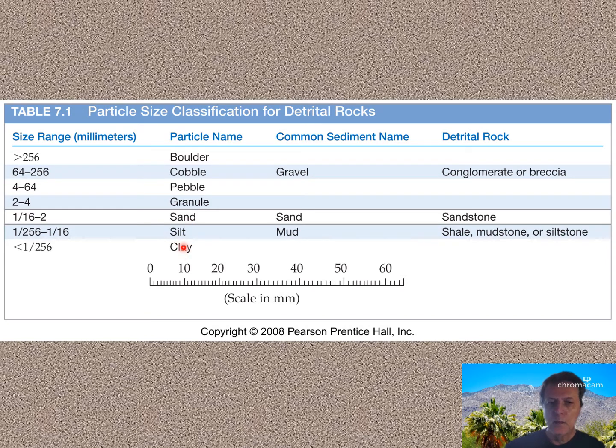So a clay becomes a sedimentary rock called a claystone, which isn't shown here. A silt can become a siltstone. Sand, if buried, compacted and cemented, becomes a sandstone. A cobbly or coarse-grained type of sediment can become cemented into a conglomerate or a breccia.